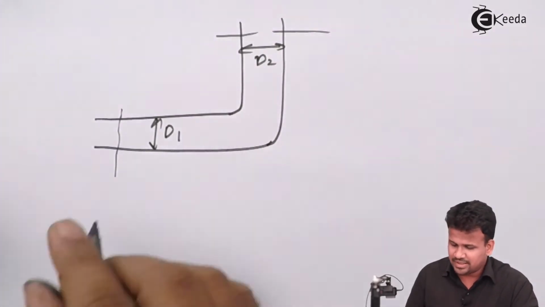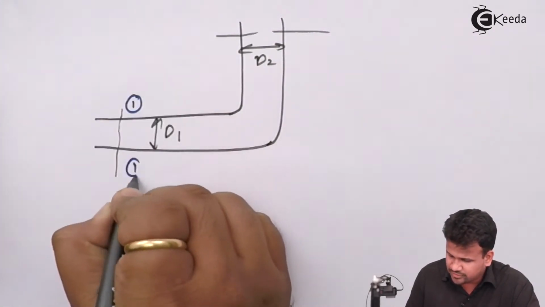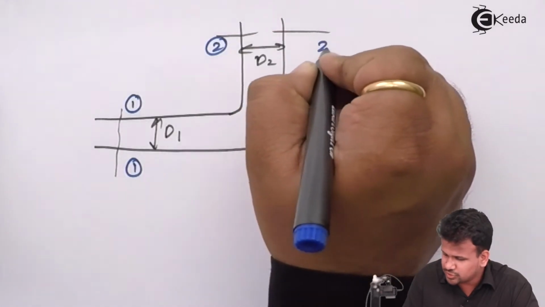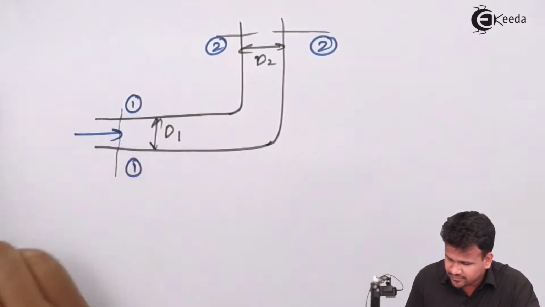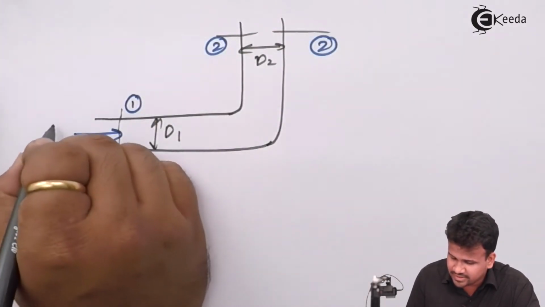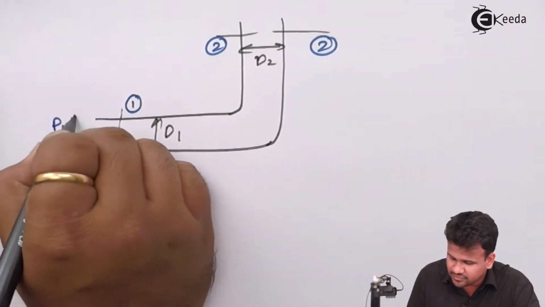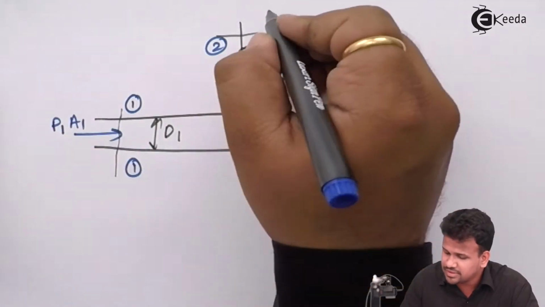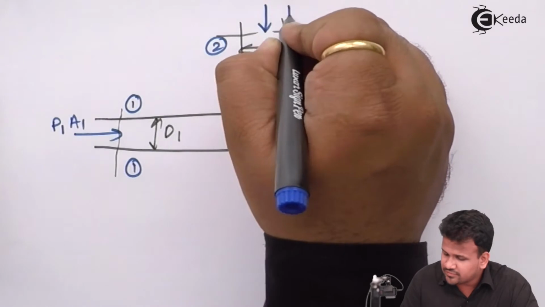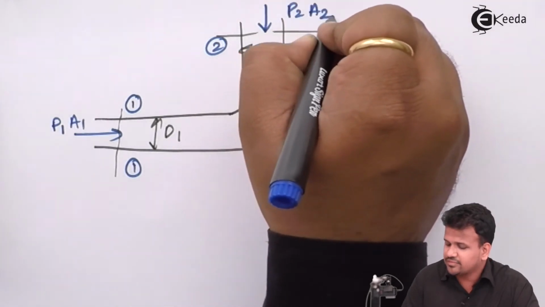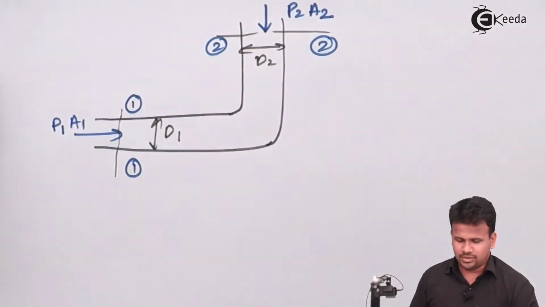At the inlet, let us consider this as section 1-1, and this as section 2-2. The pressure acting over here is P1, so the force will be P1 into A1. The pressure acting at the outlet will be P2 and the force acting will be P2 into A2.